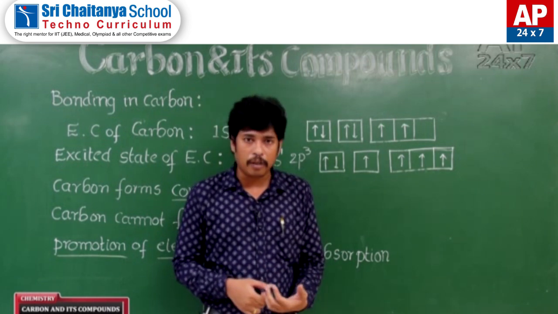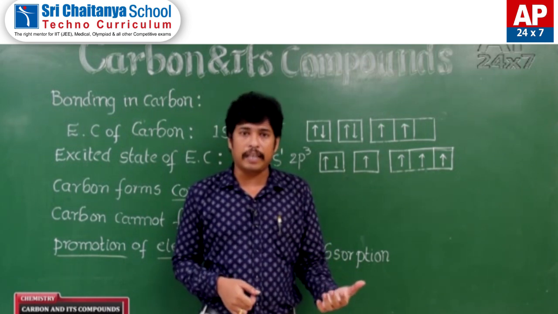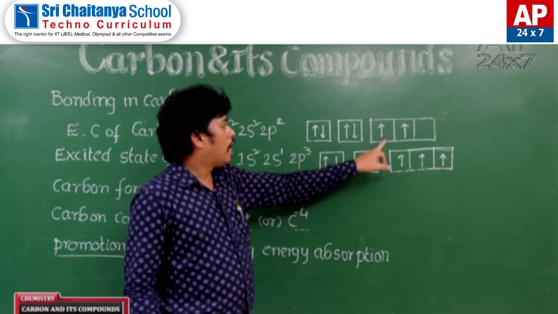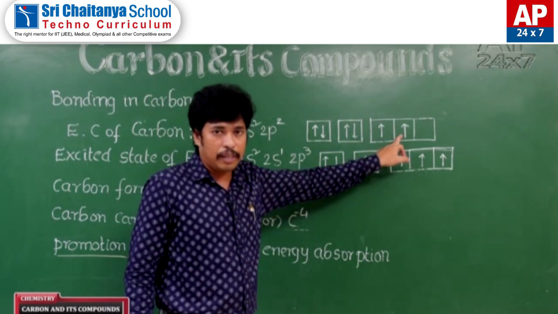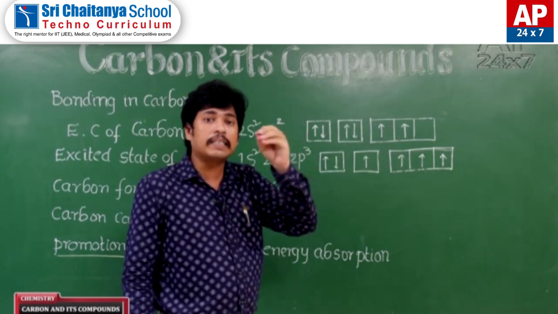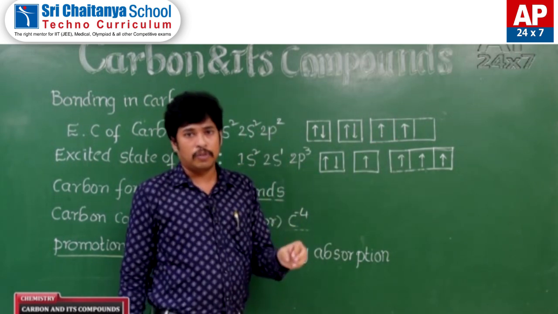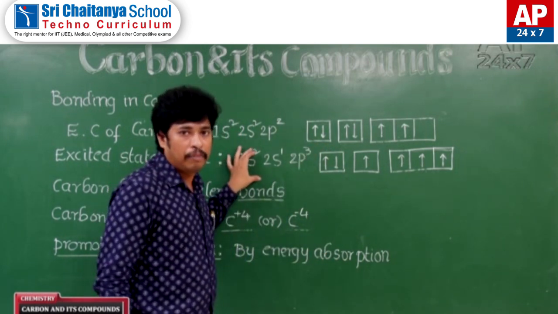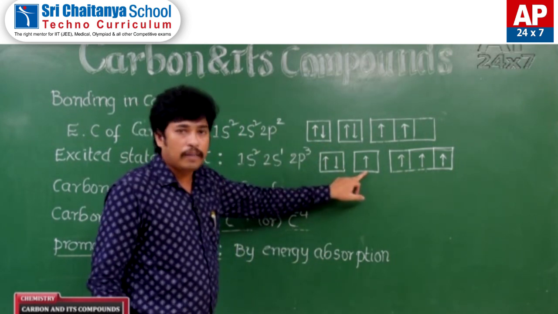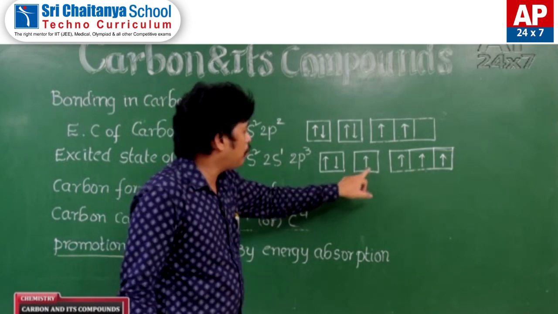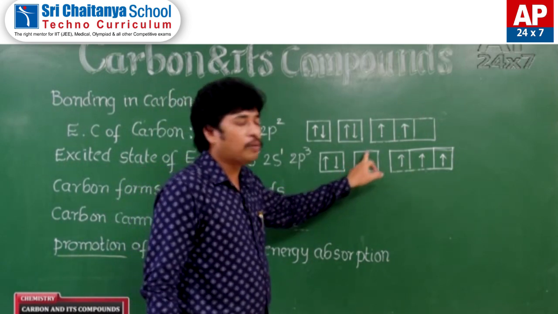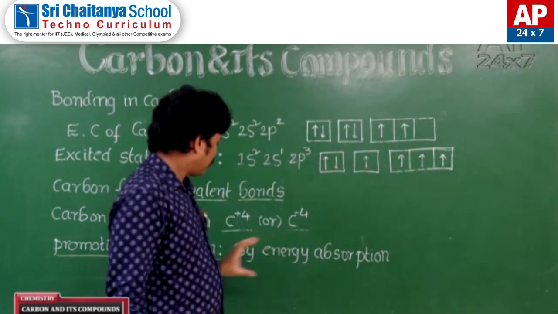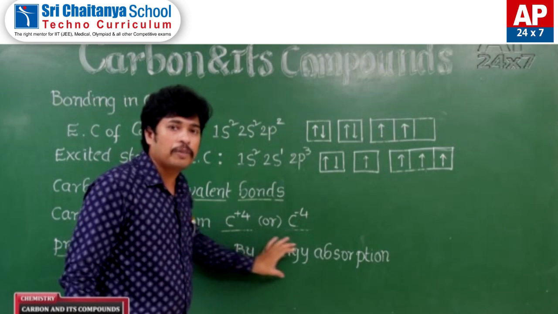That means we can conclude that chemical bond formation is always exothermic in nature. During the chemical bond formation, we can observe the release of some amount of energy. That released energy will be absorbed by the carbon atom itself, so that we can observe the promotion of an electron from the 2s subshell to the 2p subshell. That is required so that we can observe the promotion of the electron.